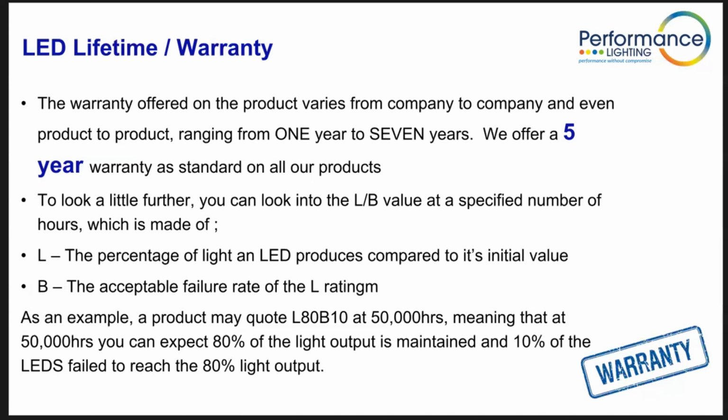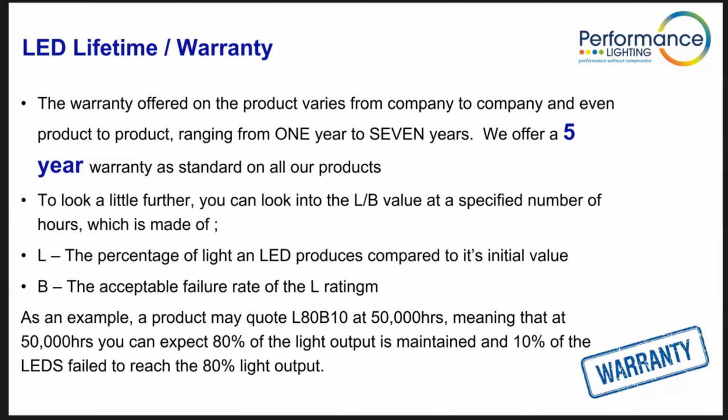But like everything in life, there's a cost implication to quality versus cost. So in an ideal world, you want something that strikes a happy medium. L80 B20, L70 B20 is good. L90 B10 is fantastic.